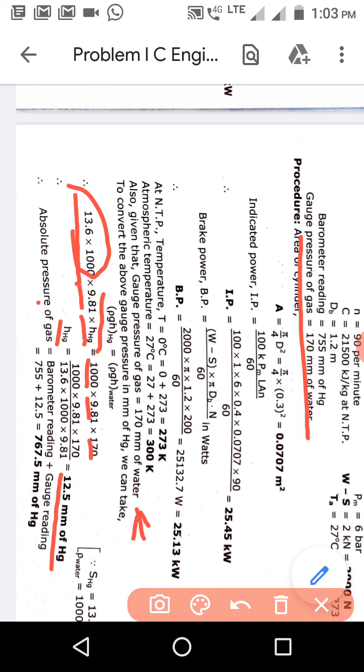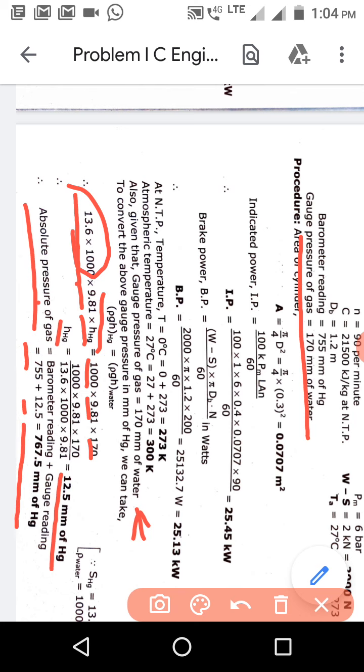So 12.5 mm of Hg is the gauge pressure of the gas. Now we are calculating the absolute pressure of the gas, which is equal to the barometric pressure plus gauge pressure. Barometric pressure is given, 755, plus 12.5 mm of Hg.